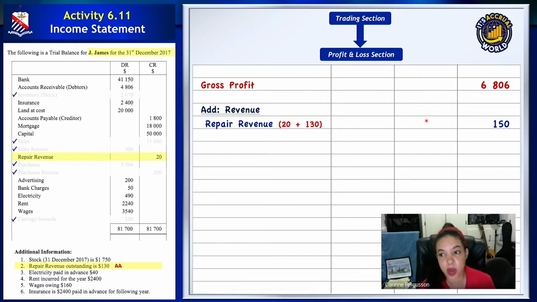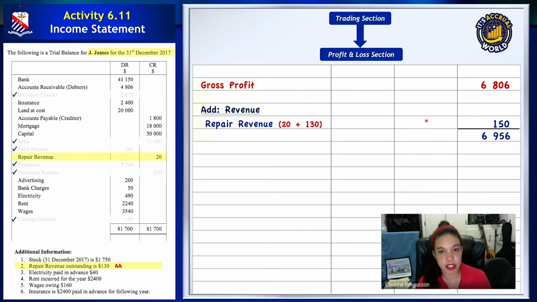So 20 plus 130 gives you 150. So we put the 150 in the column, and since there are no more revenue, we are just going to add that to your gross profit, and we have a total revenue of 6,956.